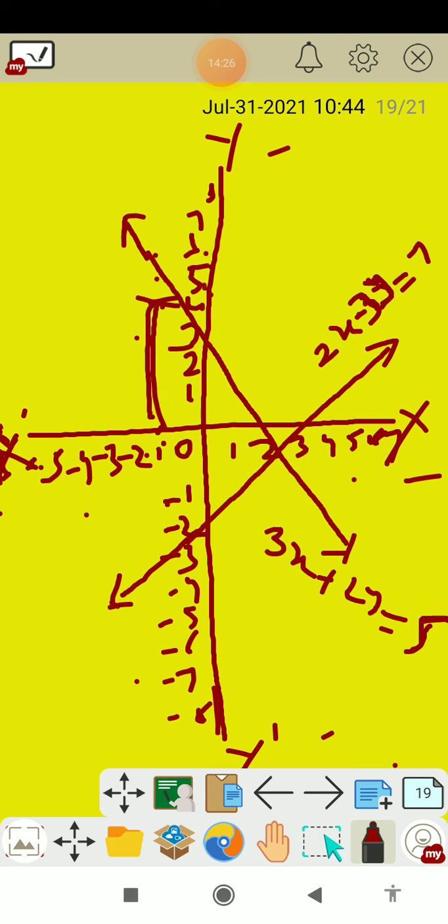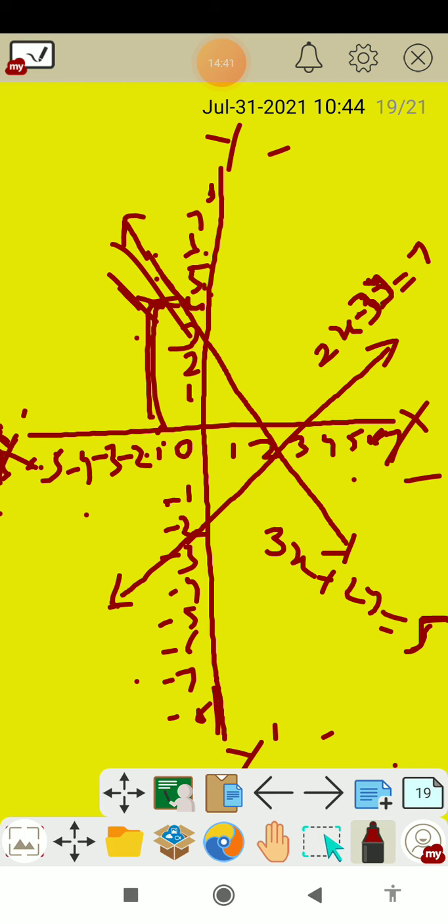I just draw a graph like this. The graph will come like this. Got it, no? I just simply drew it. According to those points you can keep the points one by one, and then you can draw a line.